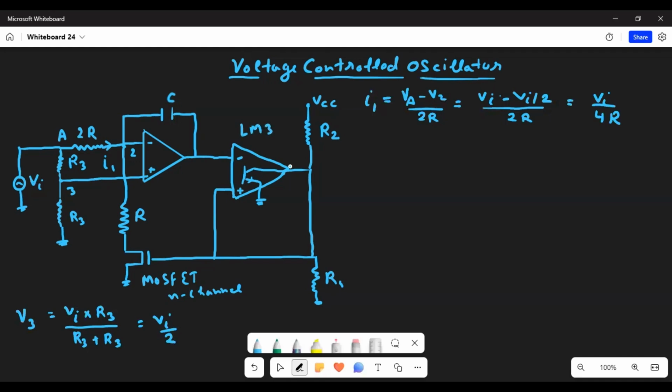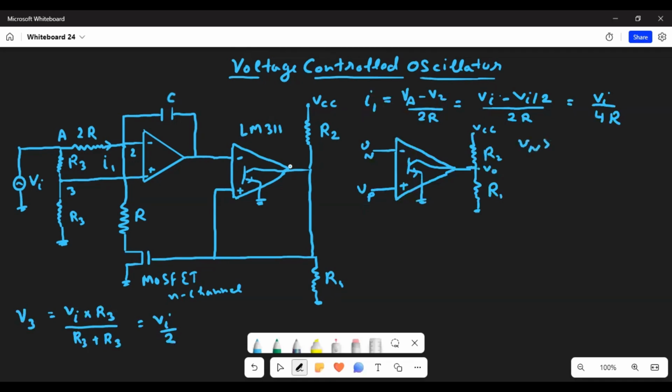Let's discuss the second op-amp, LM311. It has two terminals, denoted as Vn, the inverting terminal, and Vp, the non-inverting terminal, and the output is connected to resistances R1 and R2 to supply VCC.